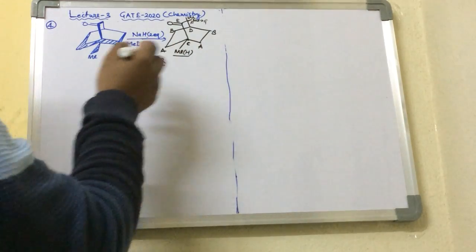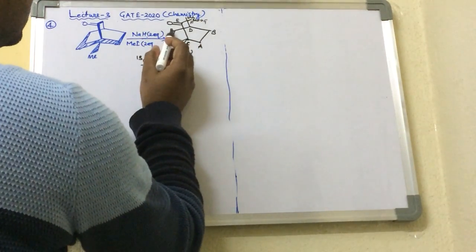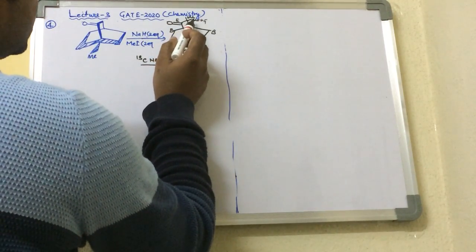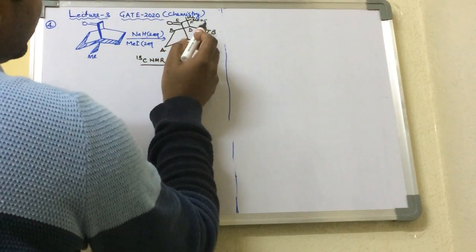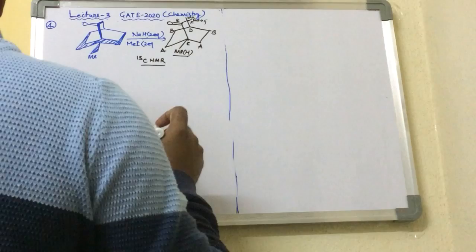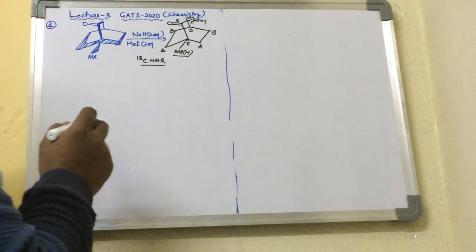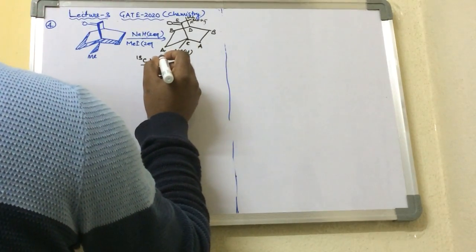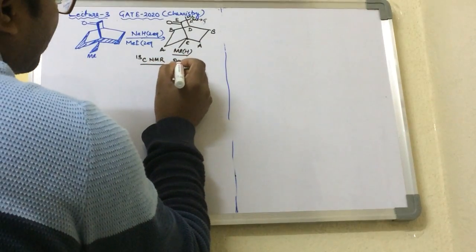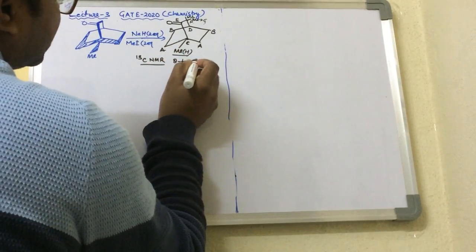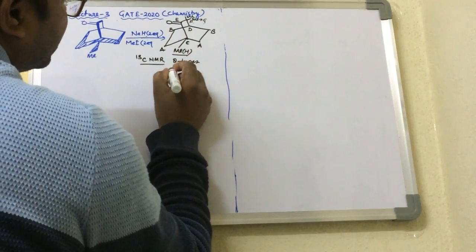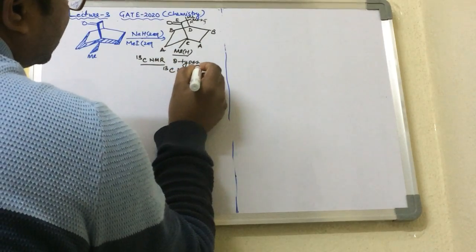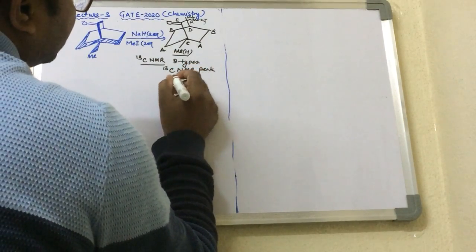Okay, so total how much? 1, 2, 3, 4, 5, 6, 7, 8. So here basically 8 types of carbon, 13C NMR peaks present.